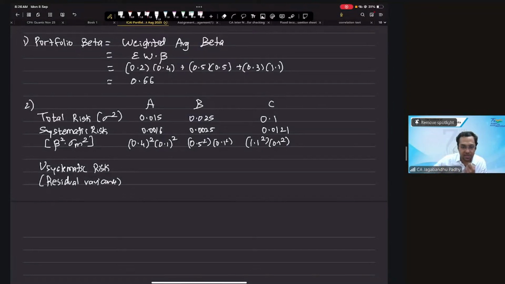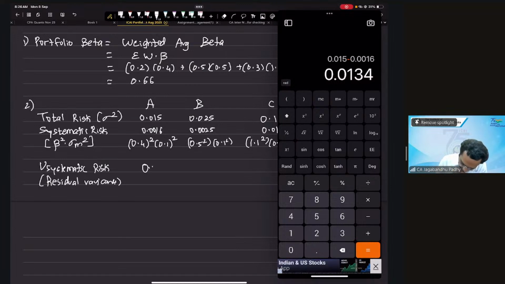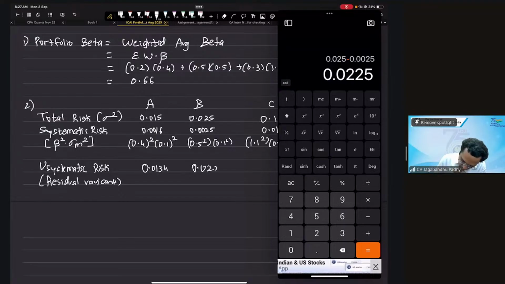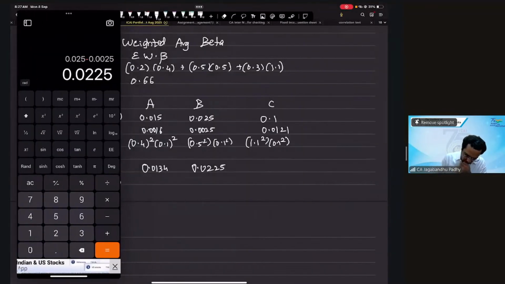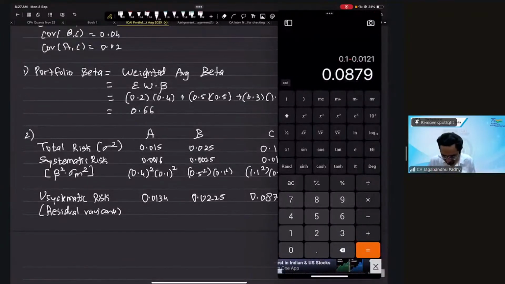Just the subtraction between them, which is 0.015 minus 0.0016, 0.0134, 0.025 minus 0.0025, 0.0225, and then we have 0.1 minus 0.0121, which is 0.0879.